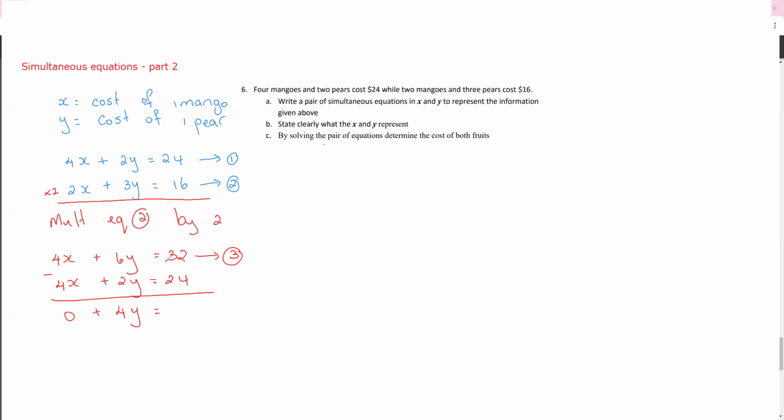And then 32 minus 24 is 8. So we end up with 4y is equal to 8. So we could solve. Once you cross the equal sign, it will be opposite operation. So it becomes 8 divided by 4. So y is 2.